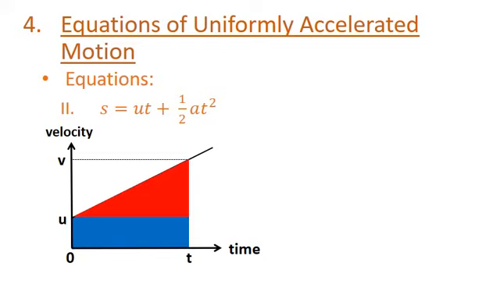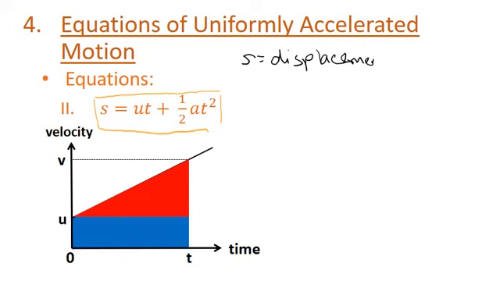Then let us look at how we can derive this equation: s equals ut plus half at squared. Now, s represents the displacement of the object after time t.